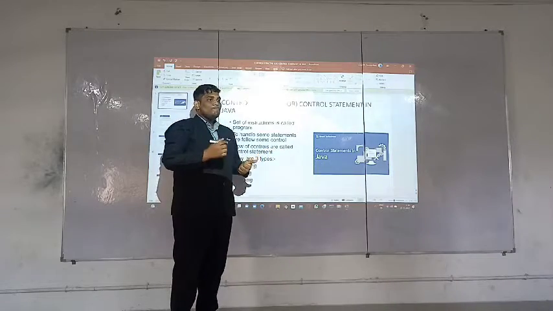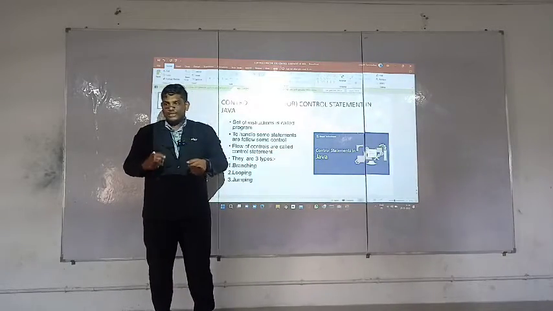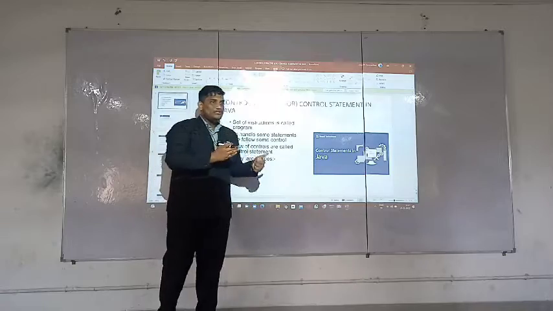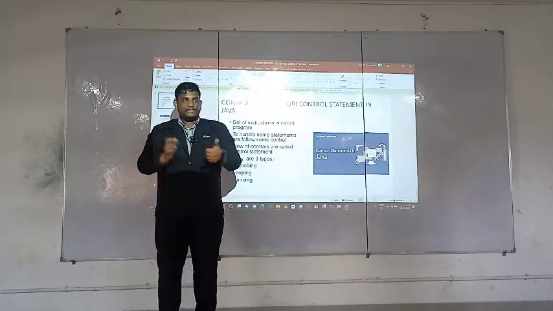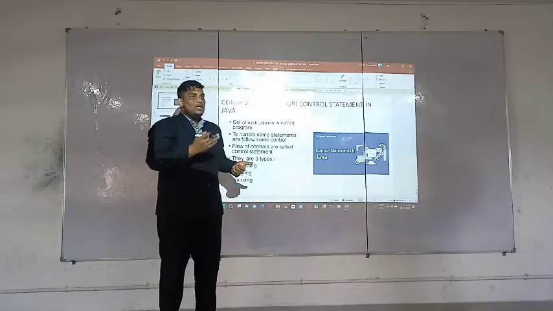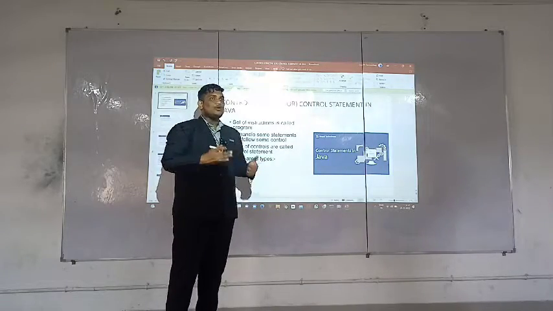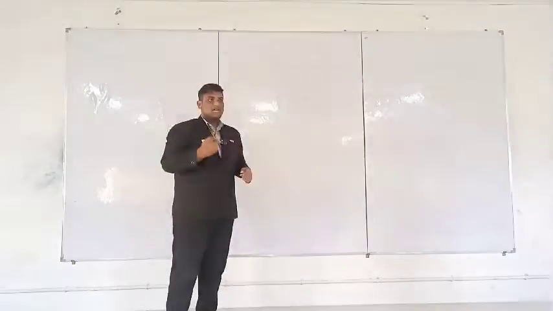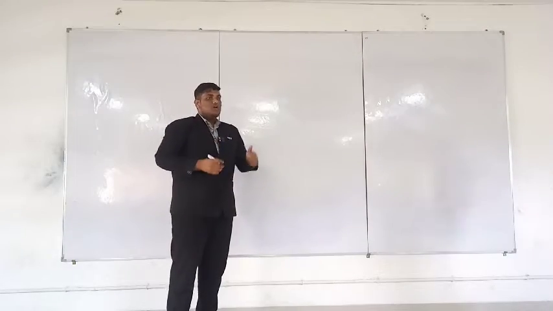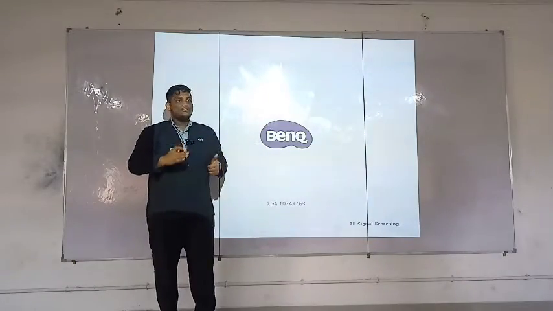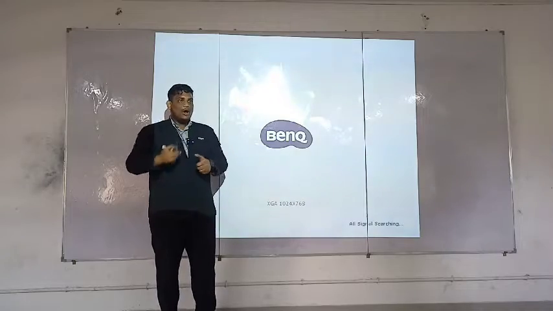For example, if the statement is true, print that statement in the output. If it is false, we give that statement as false, so it will print false at the output.